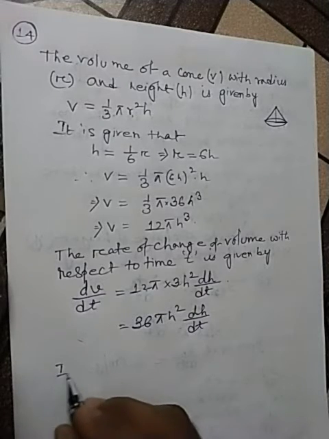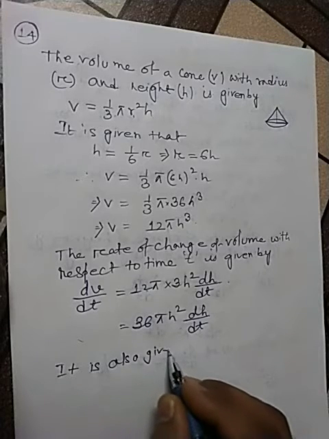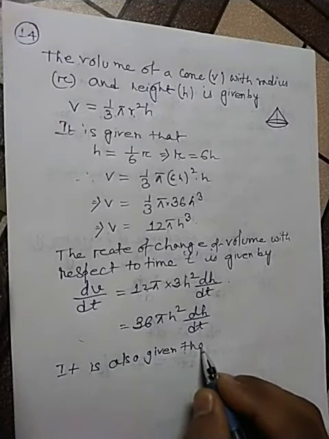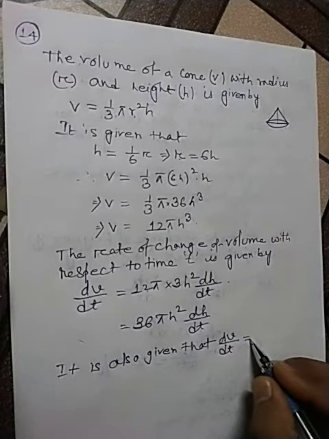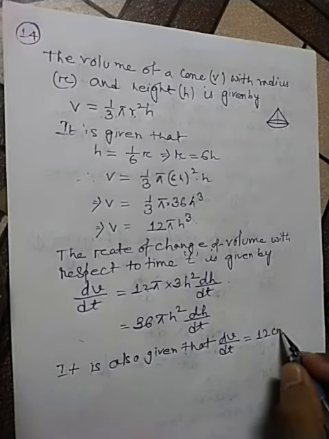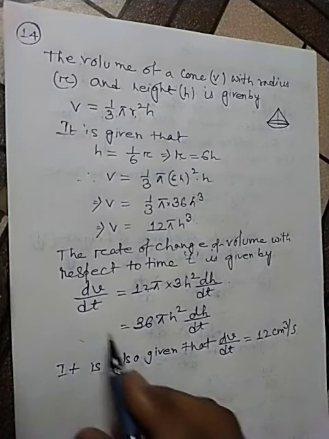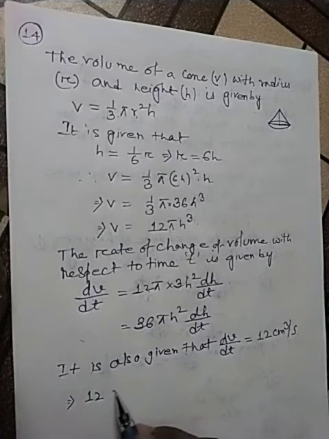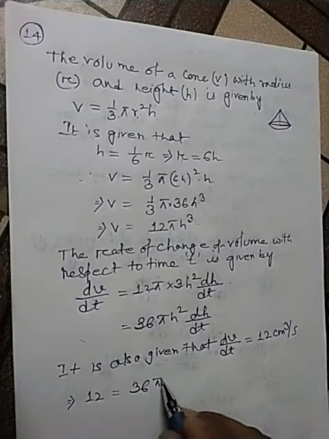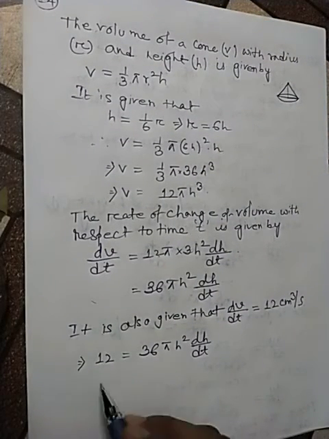Also it is given that dV by dt equals 12 centimeter cube per second. So replace dV by dt with 12: 12 equals 36 pi h square dh by dt.